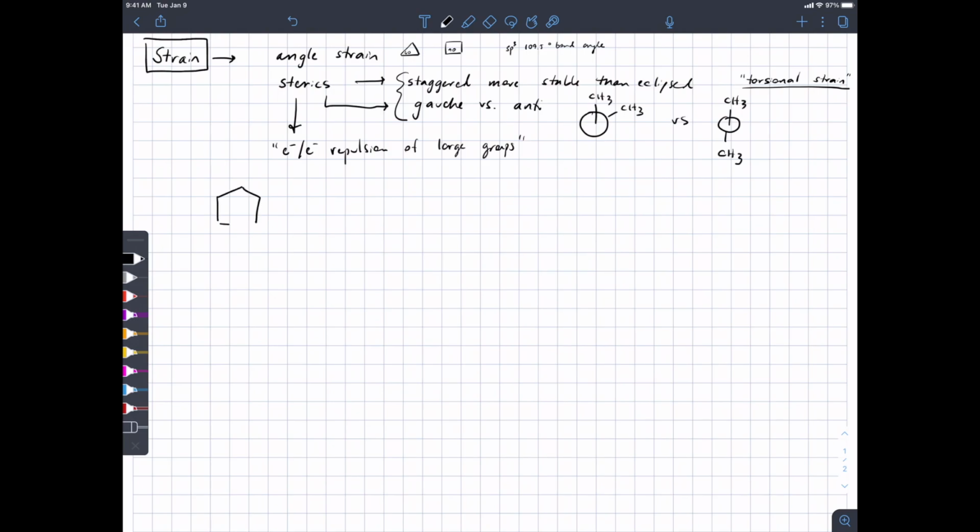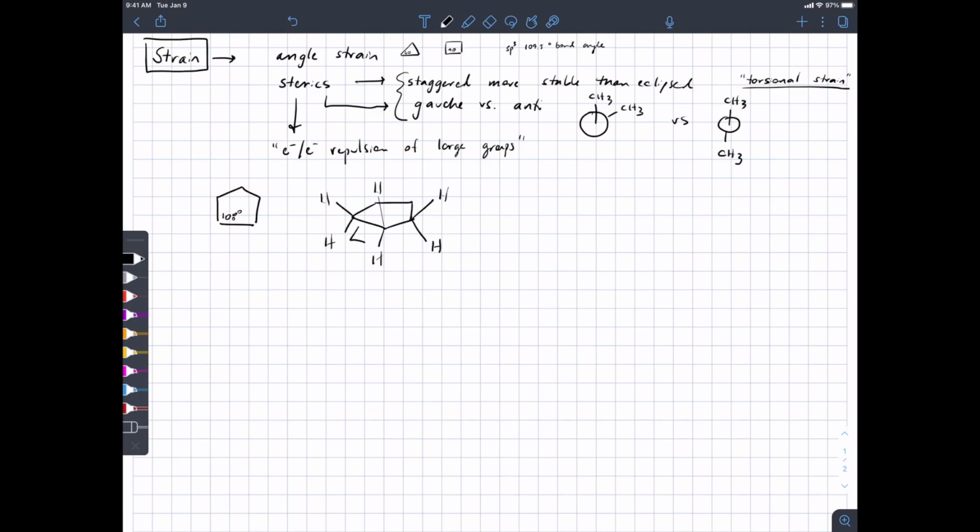Okay, so I just wanted to remind you that if we have a flat six-membered ring, the bond angles could be around 108. But if you looked at that ring from the side, what you would see is that if it were perfectly flat, all the carbon-hydrogen bonds would be eclipsed with each other.